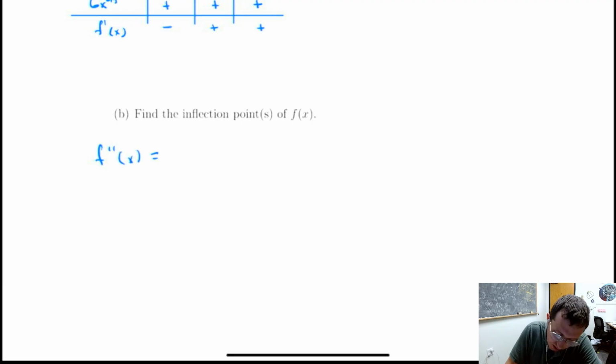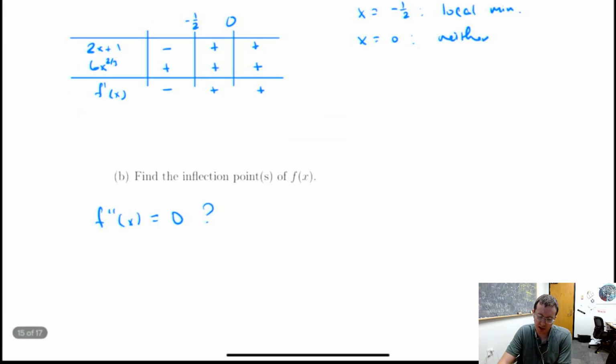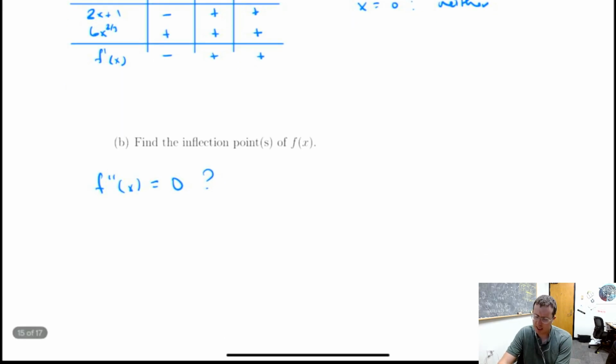I'm still going to look for places where the second derivative is 0. But I'm going to, again, have to make a sign chart and consider whether each one of those places actually is an inflection point or not.